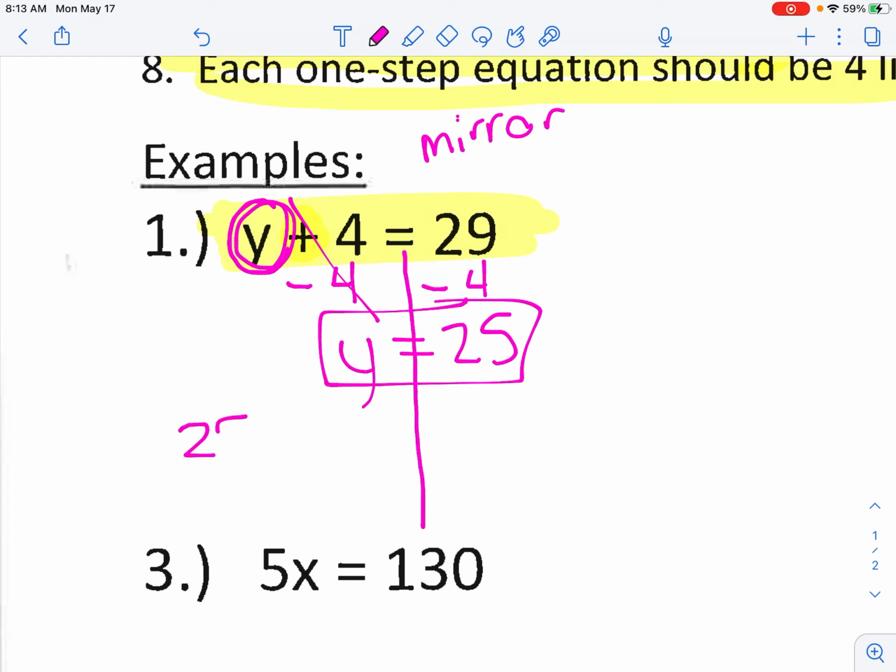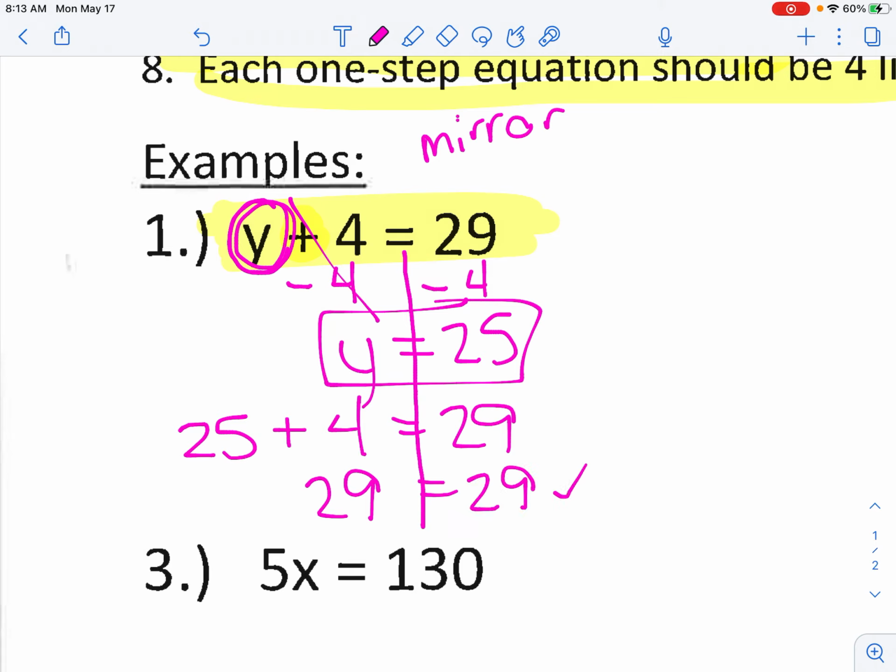You're going to say 25 plus 4 equals 29. We're checking this to make sure that we did our math correctly up above and we didn't make a mistake and that this statement is true. 25 plus 4 equals 29. 29 equals 29, check.